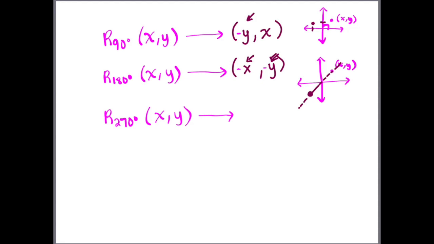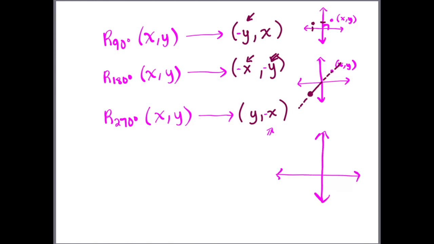That rule works out. And the one that we just focused on today, if I rotate 270 degrees and my starting point is x comma y, what we said is we swap the order. Very similar to that 90 degree. We're swapping the order. But what changes? The x. But don't forget, this is now our new y. So let's see this visually.